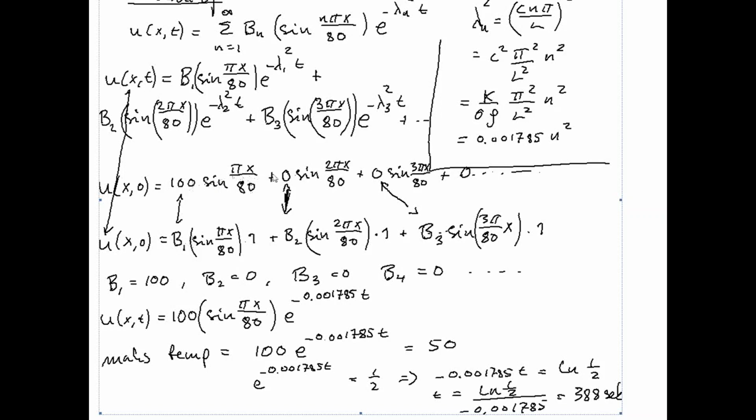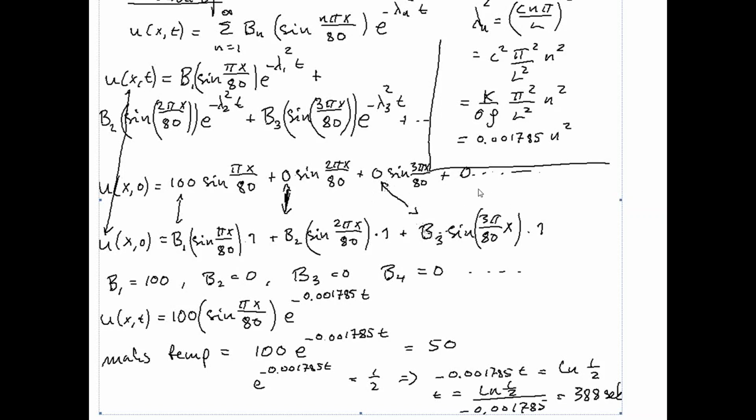So if we just add some 0 terms here, and make them similar to the terms of the Fourier series, then we see that the first term b1 must be equal to 100, the second term b2 must be equal to 0, the third term must be equal to 0, and so on.